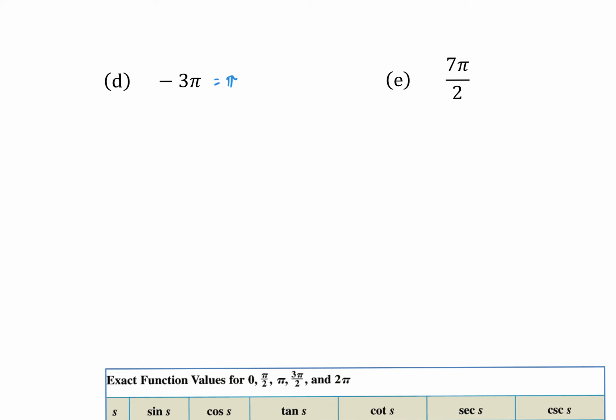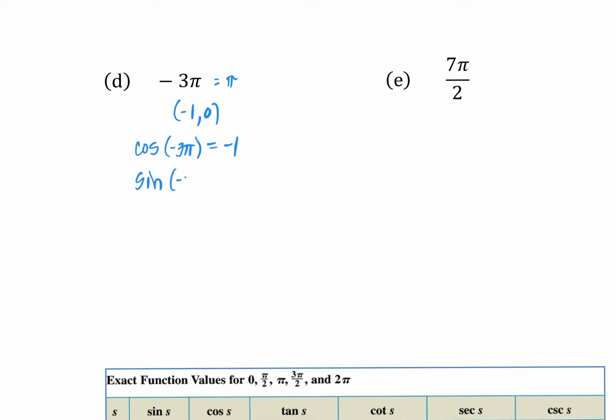They're not exactly equal, but they correspond to the same point on the unit circle, which would be (-1, 0). So that would be like our example B. Cosine of negative 3 pi is the same as cosine of pi, which would be -1.